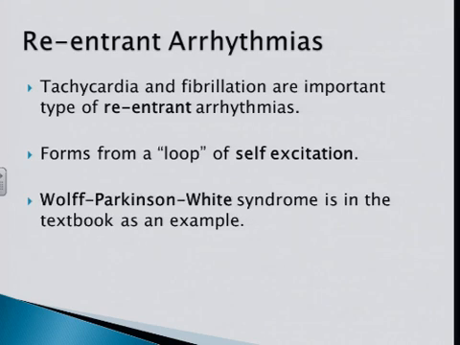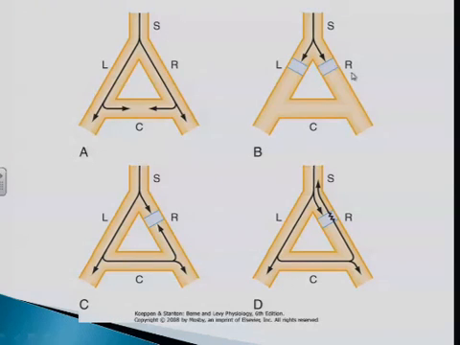And Wolff-Parkinson-White syndrome is in the textbook as an example. It's an example there because it's got a very nice anatomical interpretation to it. That is, you have this problem of collateral pathways between the atrium and the ventricles.